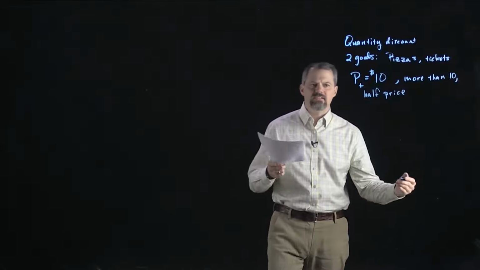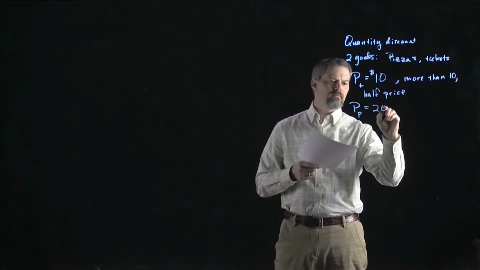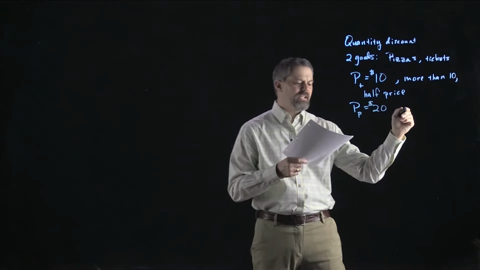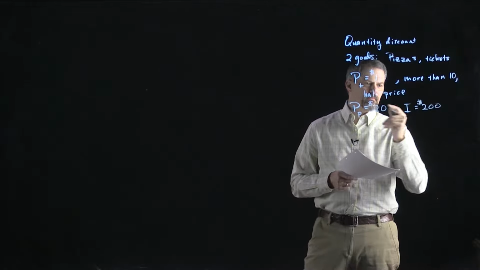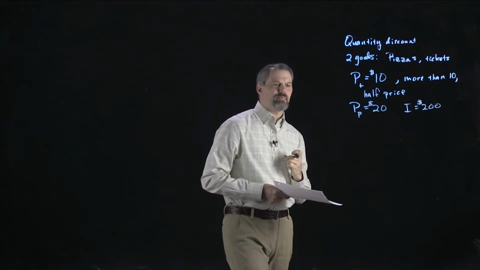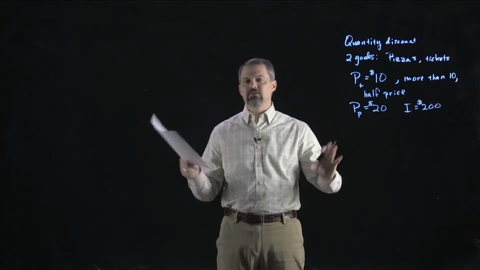Let's suppose pizzas are $20. And let's suppose that income is $200. So you've got $200 to spend on pizzas and tickets. Those are the only 2 goods there are.